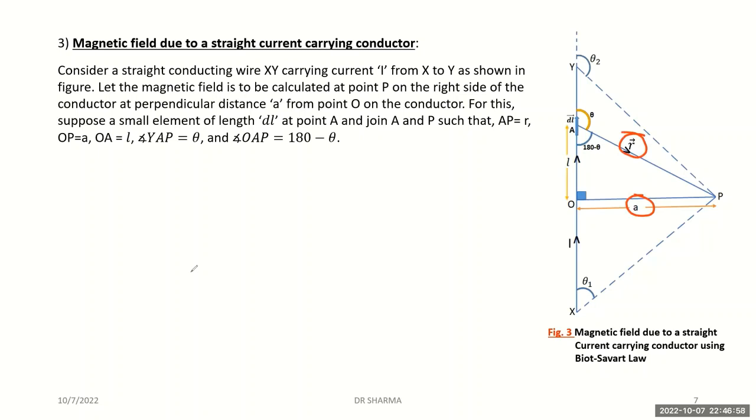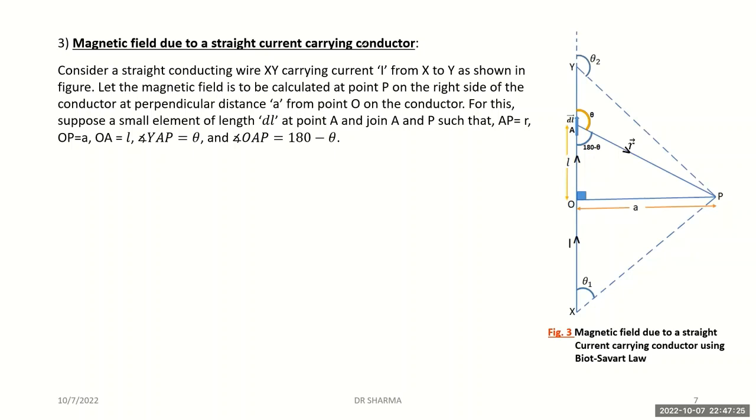That is, AP is equal to R and OA is equal to L. And angle YAP is equal to theta, such that angle OAP is 180 minus theta.